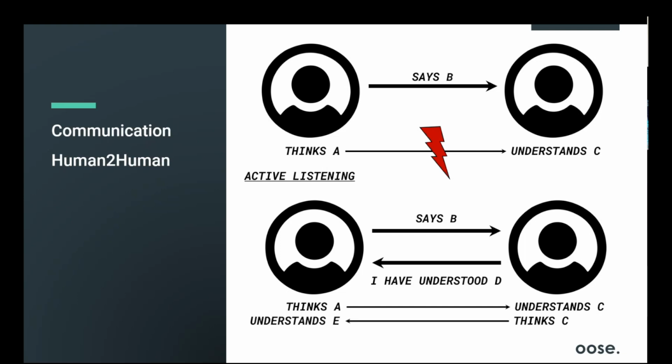And now the other person understood, but then E, well, it's the same pattern as at the top. But now it's more clearly on the table that there's probably a misunderstanding. No, not E, I said A. So that's active listening. So nobody said that communication between people is easy, no?